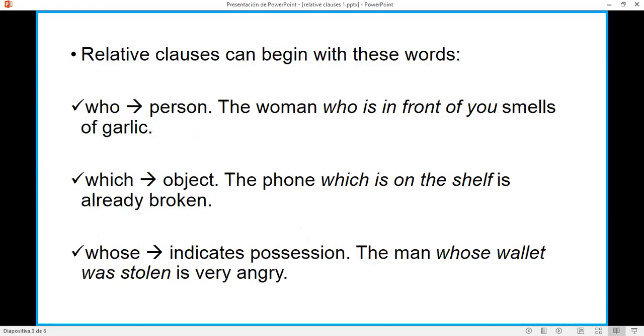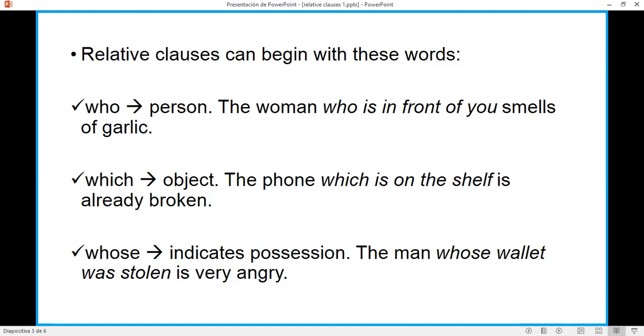Okay. Relative clauses can begin with this word, who, that is used for a person or people in this case. The woman who is in front of you smells of garlic, right? Okay, here we can say the woman smells of garlic, but which woman? That woman that is in front of you.